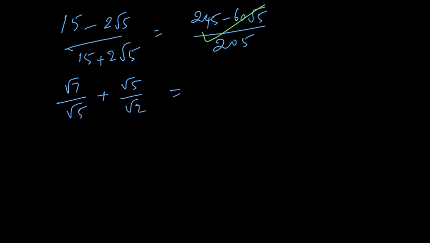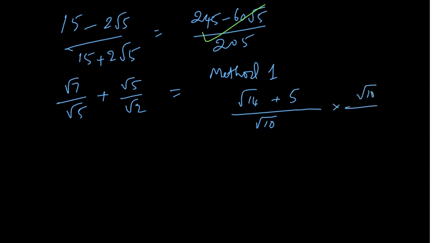Okay. So first one, either you can do this method like method one. As you said, you wanted to take LCM. You take LCM, you'll get root 10, and you get root 14 plus 5. And do a rationalizing now, which is simple.